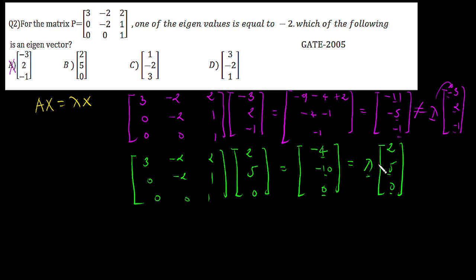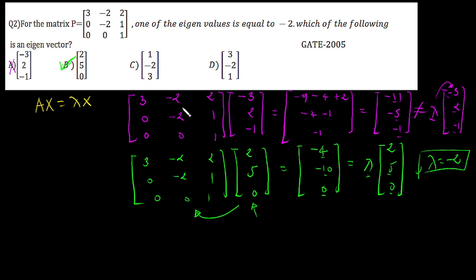So we can say this equation is satisfied for lambda equal to minus 2. So this vector is an eigenvector of this matrix, corresponding to the eigenvalue of negative 2. So option B contains the correct eigenvector for this matrix.